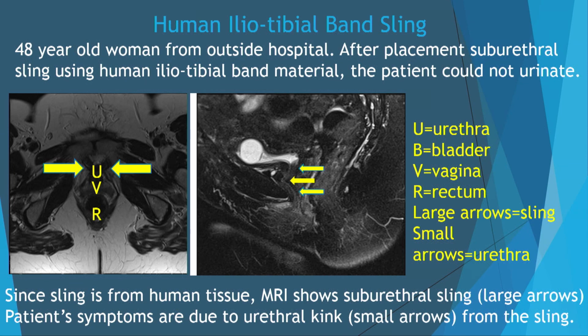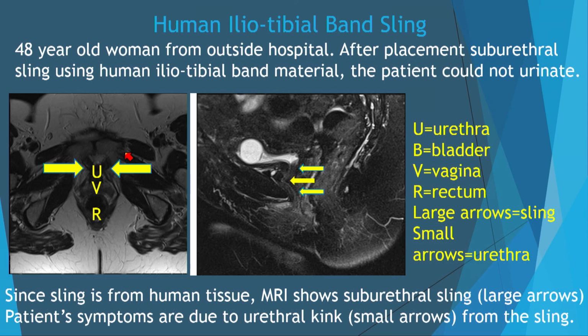Well, this is an example of a 48-year-old who was transferred to our institution after she just had a human iliotibial band sling placed. And unfortunately, after it was placed at an outside institution, the patient stopped being able to urinate. This is an MR showing her pelvis, and you notice this low-intensity band.